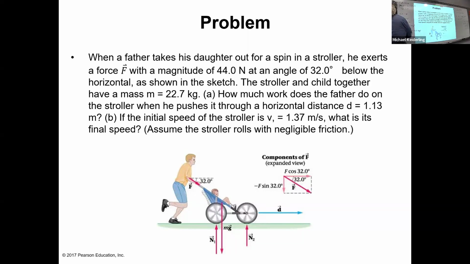That equals 1/2 m v squared. So the final velocity equals square root of 2 times 63.5 joules over the mass 22.7 kilograms. And that comes out to a final speed of 2.37 meters per second.